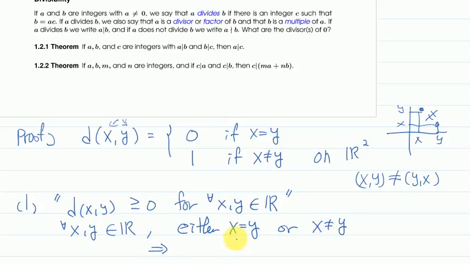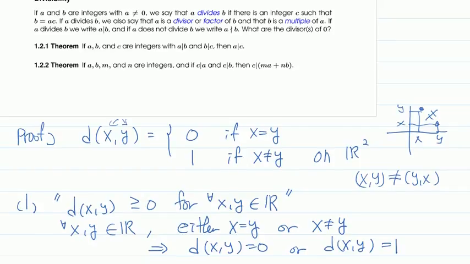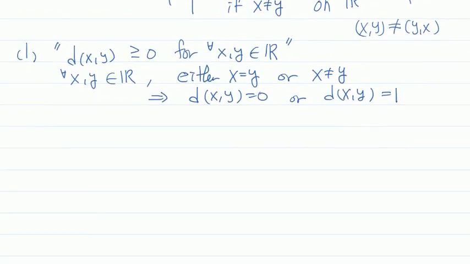Then, if they are equal, d(x,y) must be 0, or d(x,y) must be 1. We don't have any other choice. Those are the only cases. So altogether we can claim that d(x,y) for any x, y is greater than or equal to 0, because it's either 0 or 1. So we prove the first property.